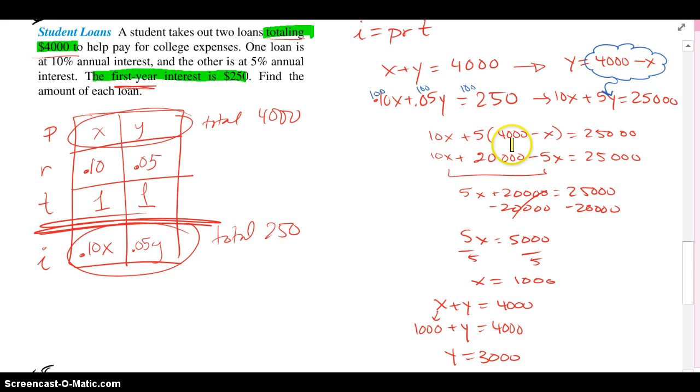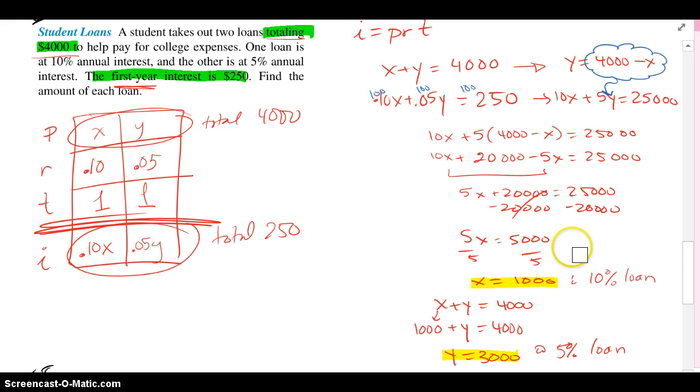So once we plugged it in, we distribute, combine like terms, isolate x, and we have 1,000 and 3,000. So to go back and answer the question, 1,000 was pulled out of the 10% loan, and 3,000 was the y value, which is the 5% loan.